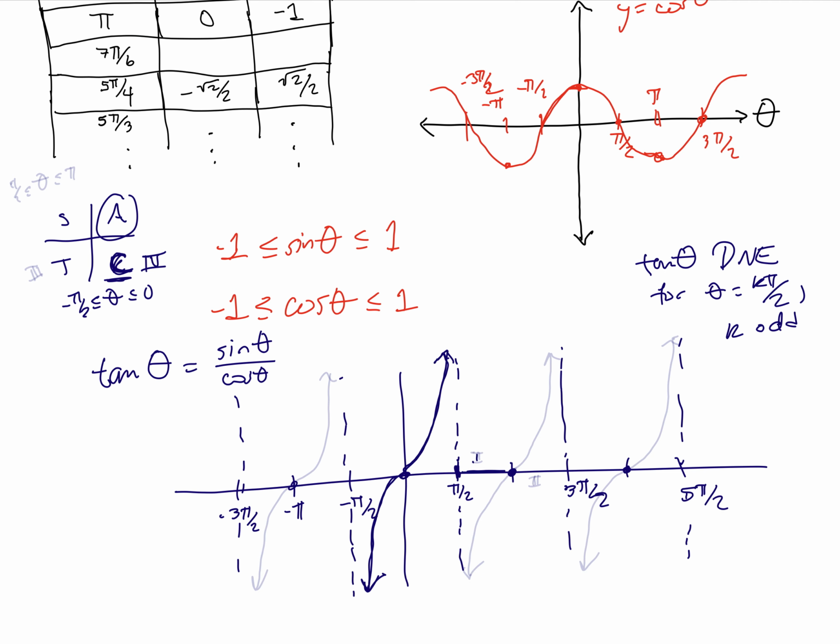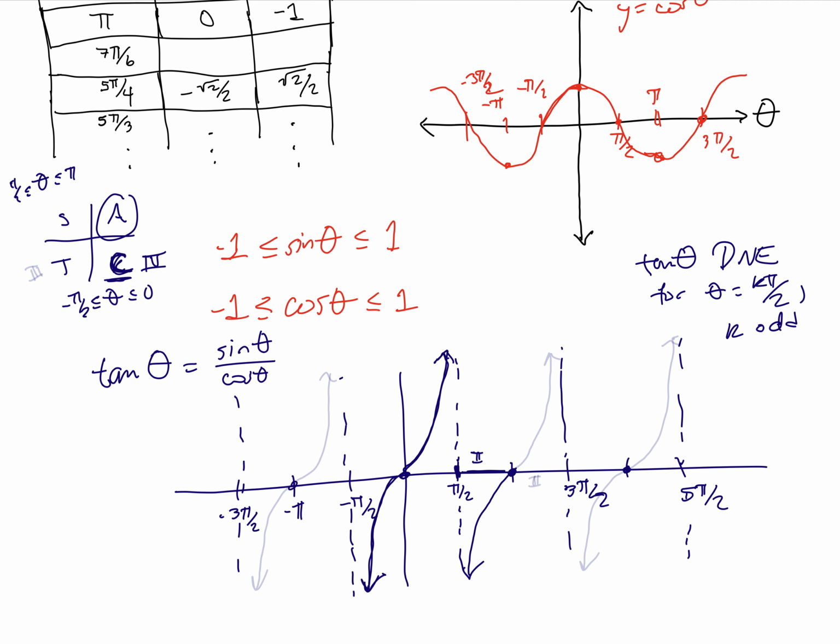This is the second quadrant, from theta being between pi over 2 and pi. In that quadrant, sine is positive, but cosine is negative. So a positive divided by a negative is negative. And so that's what it looks like.